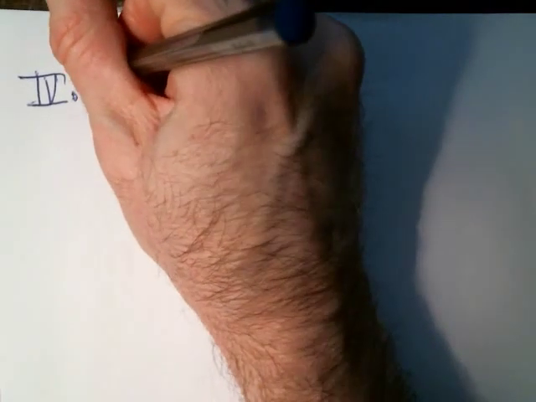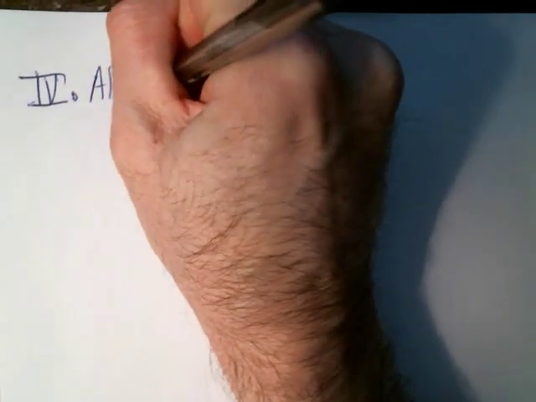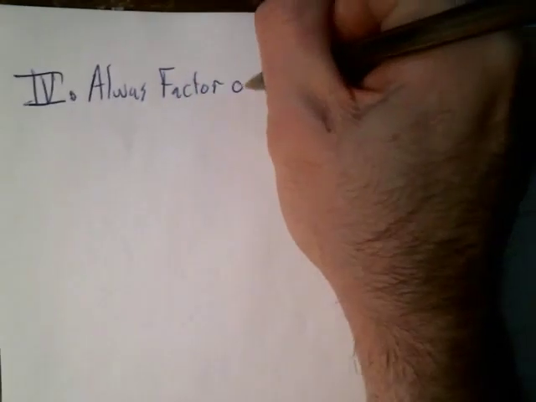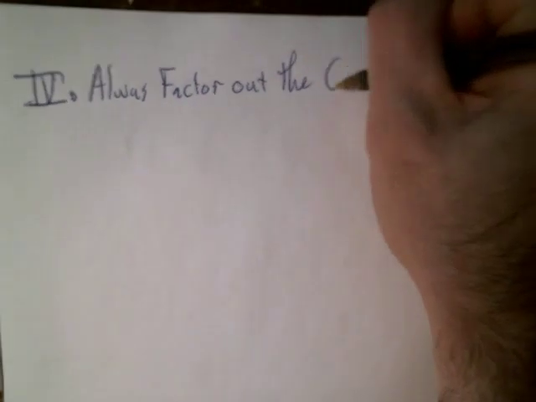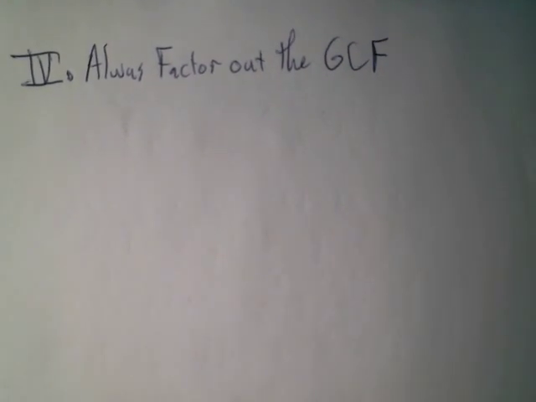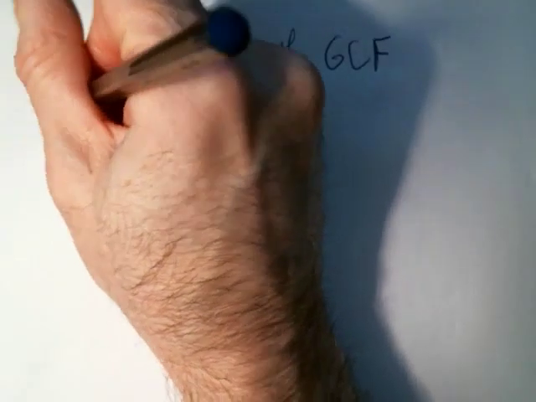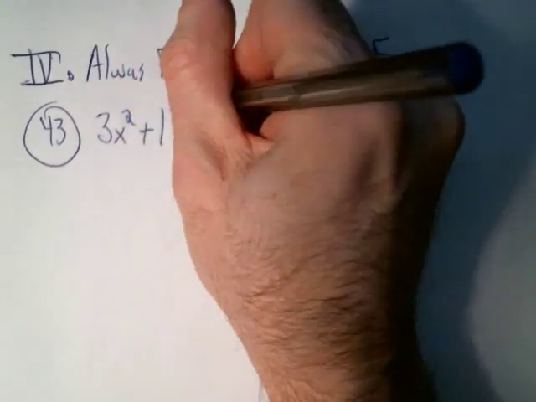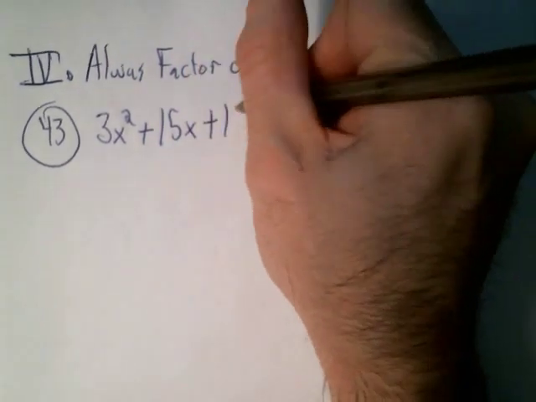So section 4, always factor out the GCF. Okay, so let's look at 43. And what do we have? 3x squared plus 15x plus 18.